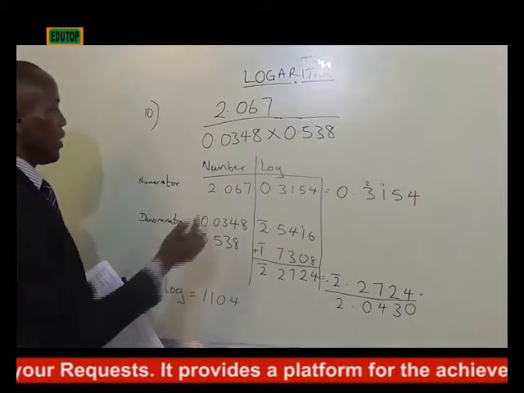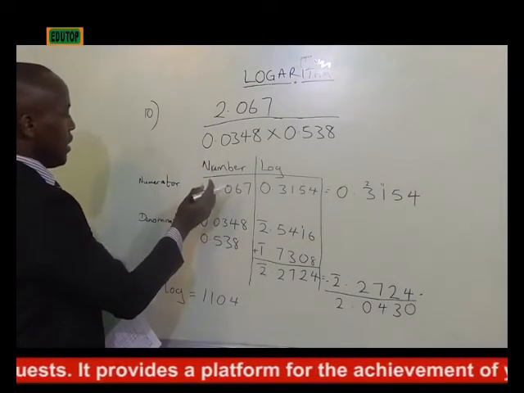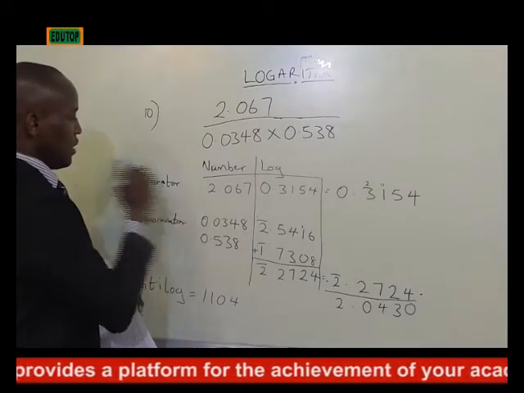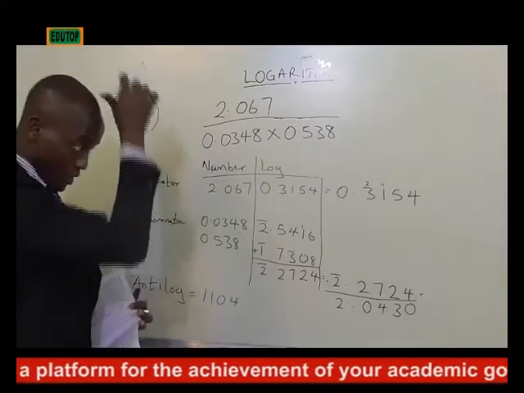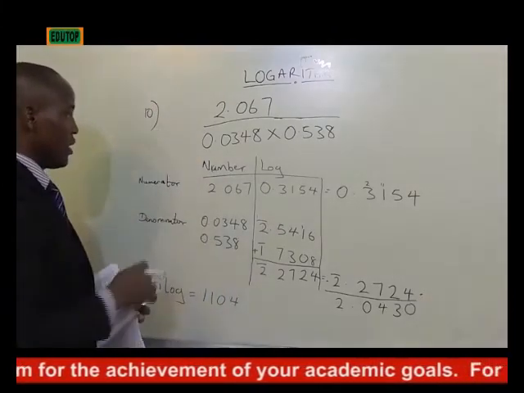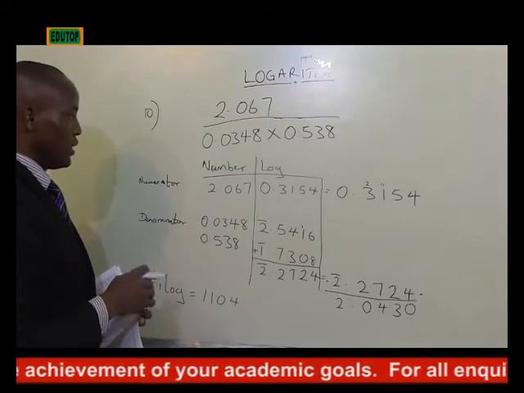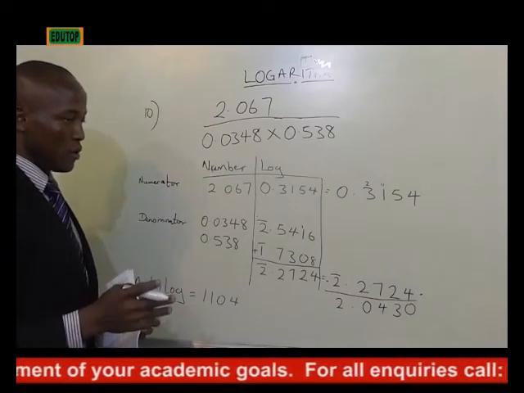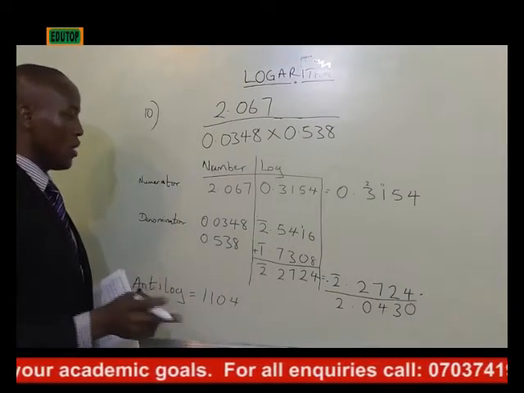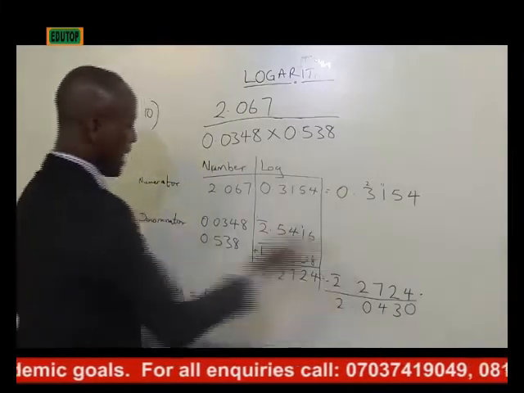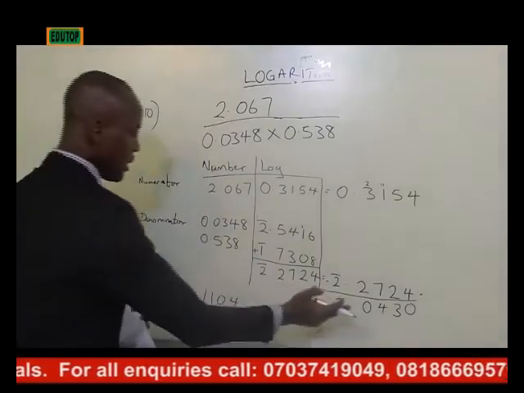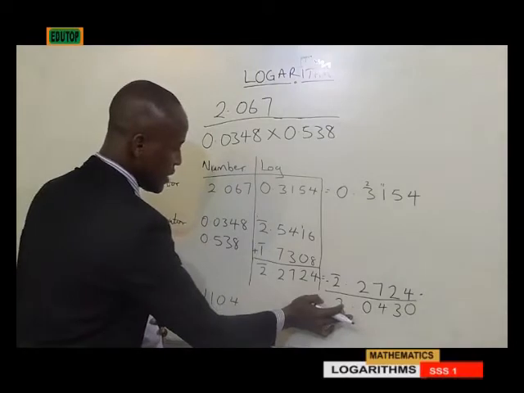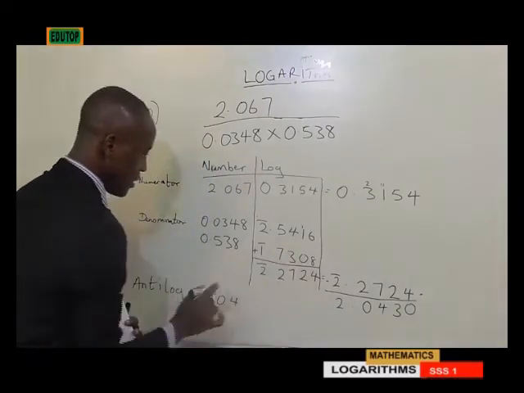Mind you, while you are finding the integer for logarithm, we did number of figures, that is number of digits minus 1. Here, to get back the number, it will be this integer plus 1. That will be 3.